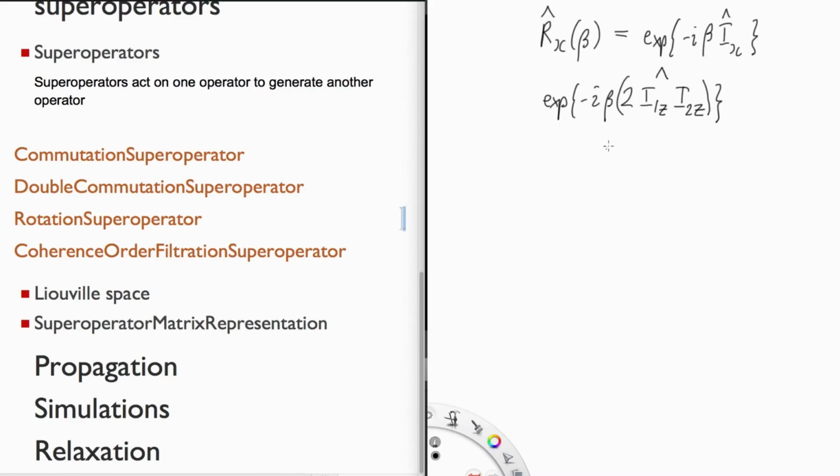That would be the superoperator for evolution under a spin-spin coupling. And the theory of that is very well developed.